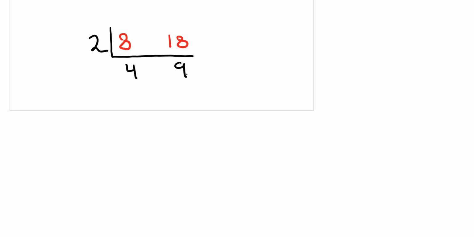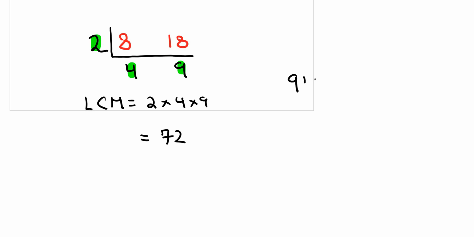I can stop here. If I multiply all these numbers out, the least common multiple is 2 times 4 times 9, and that gives me 72. So 72 is the first common multiple of 8 and 18.